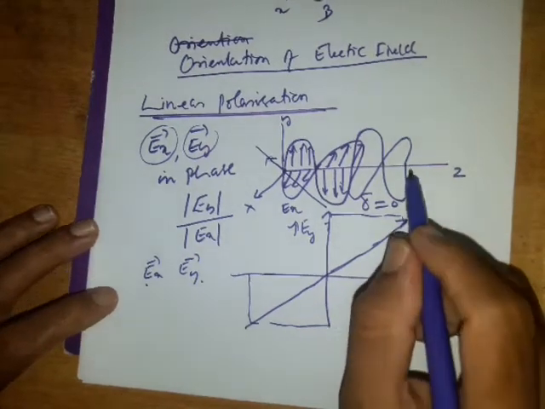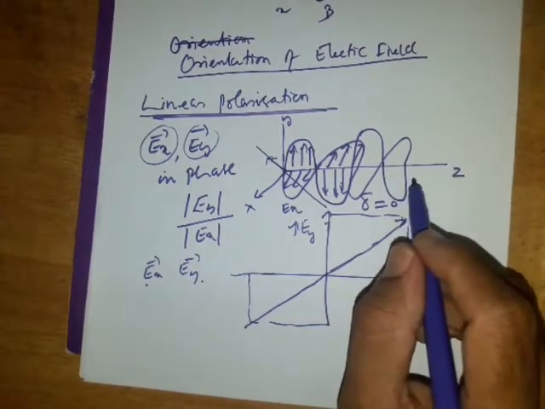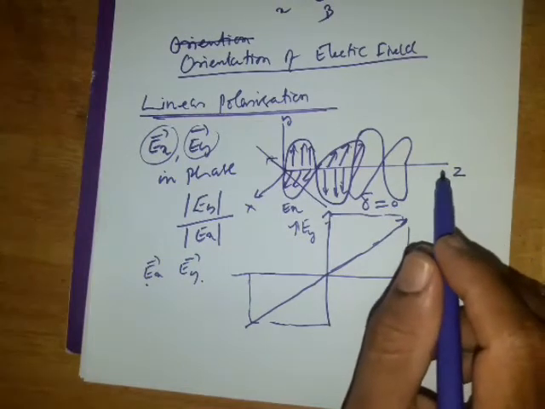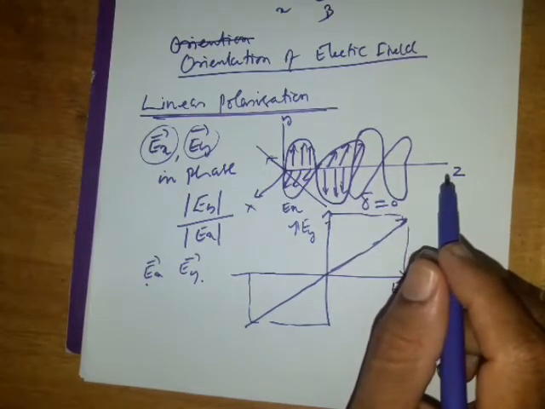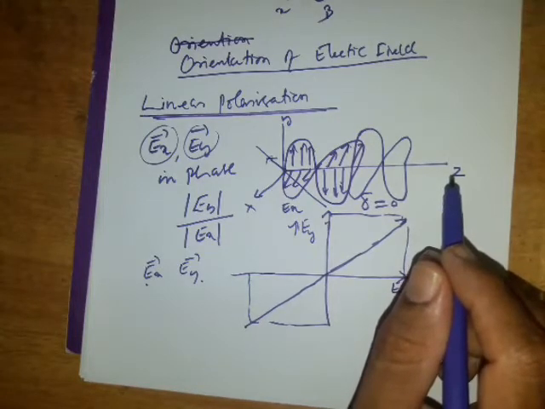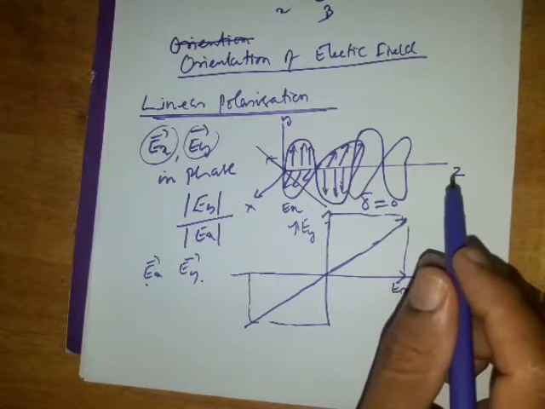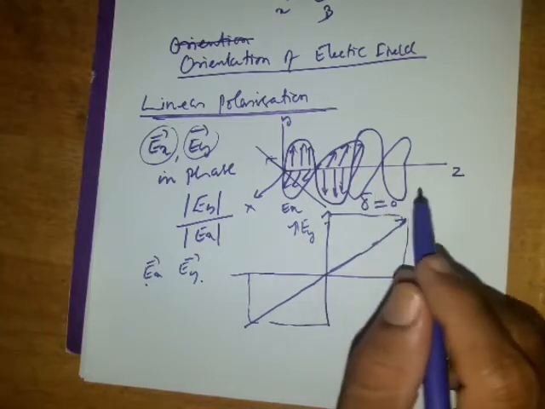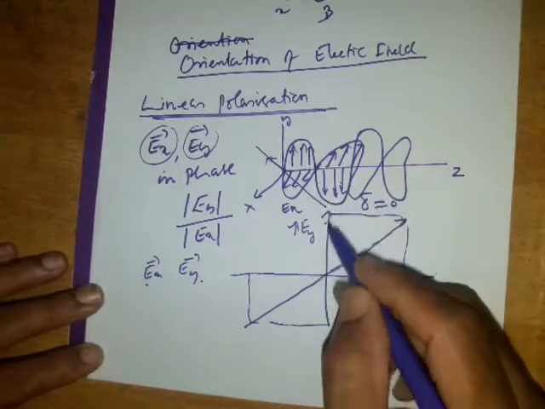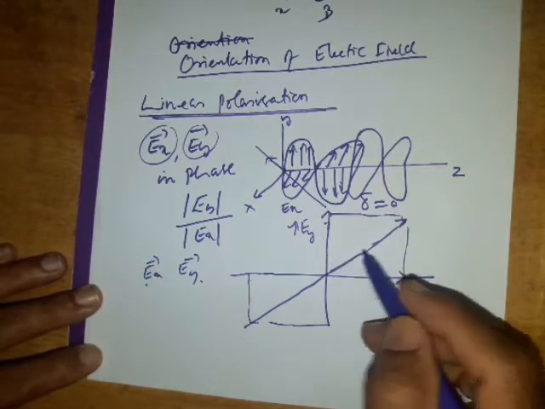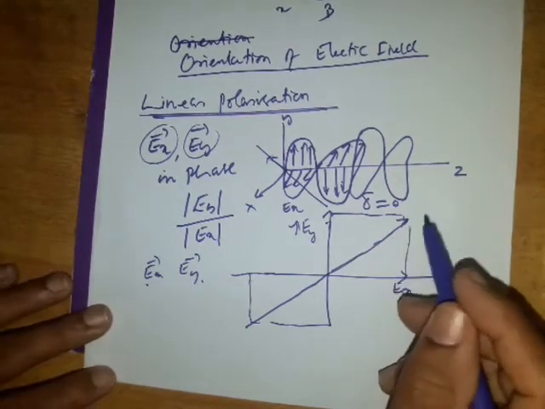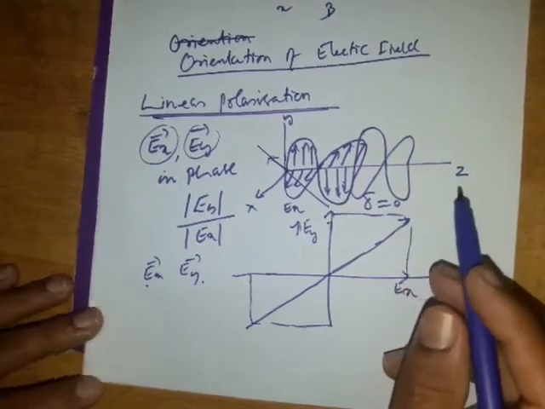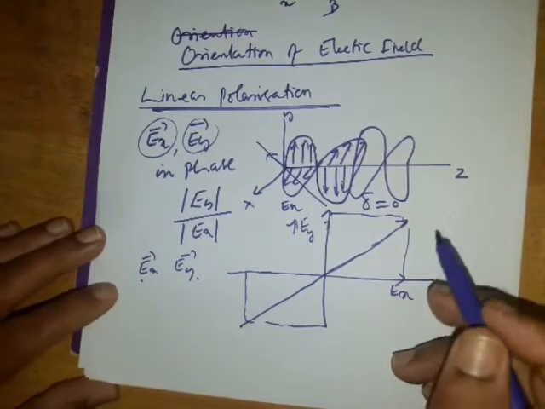When we see from the direction of the z-axis, it appears as if the resultant vector is oscillating along a straight line. That straight line can be inclined at an angle to the y-axis. So that is what linear polarization is.